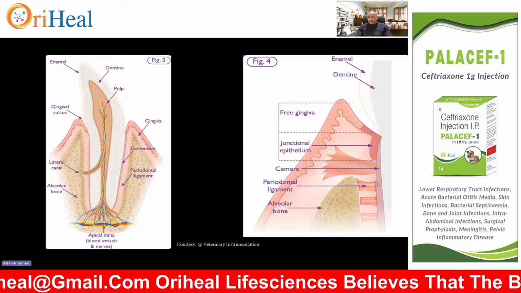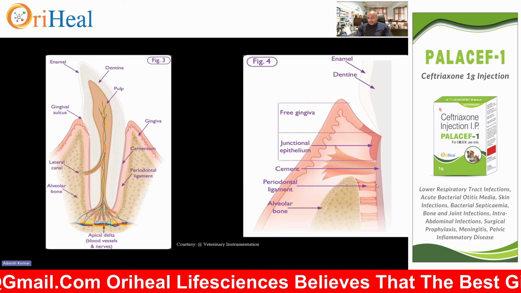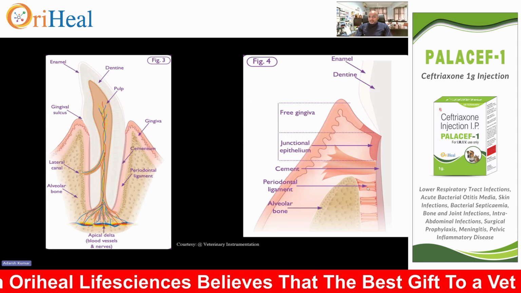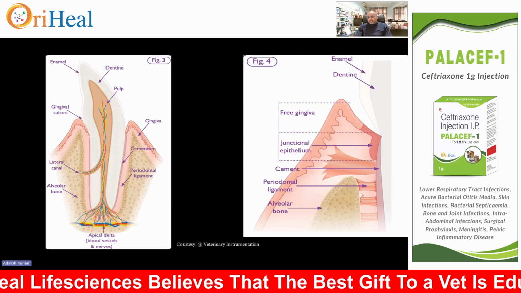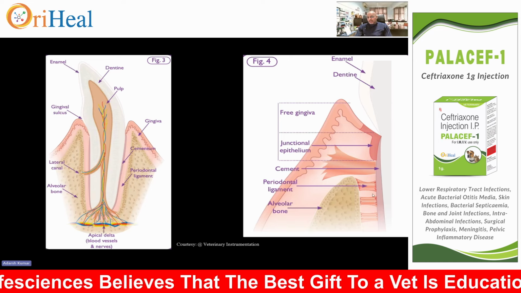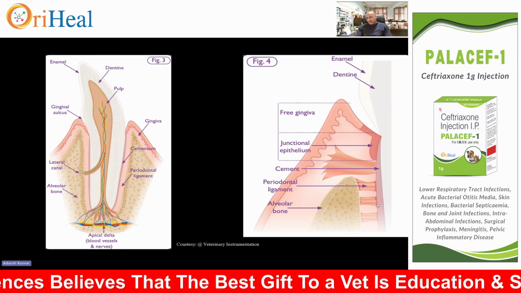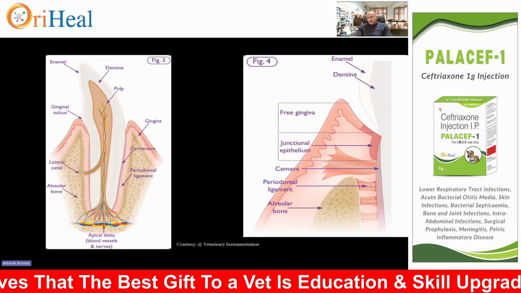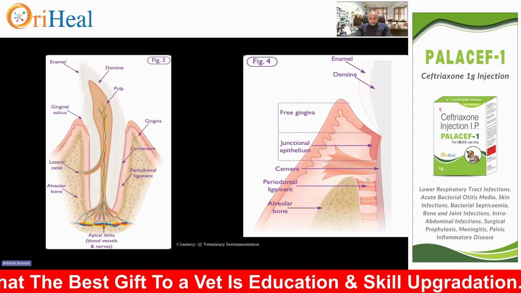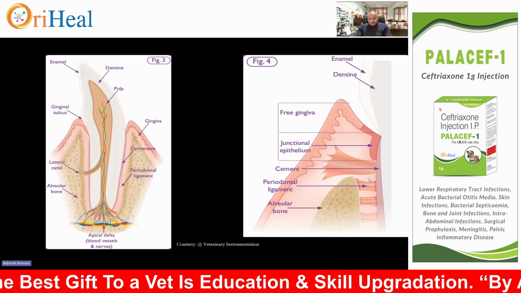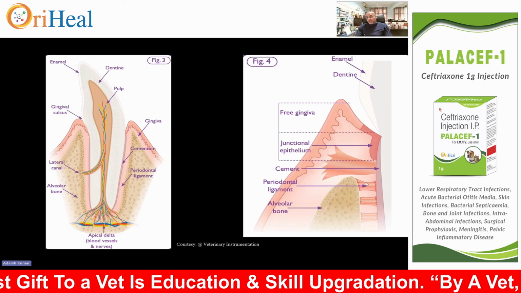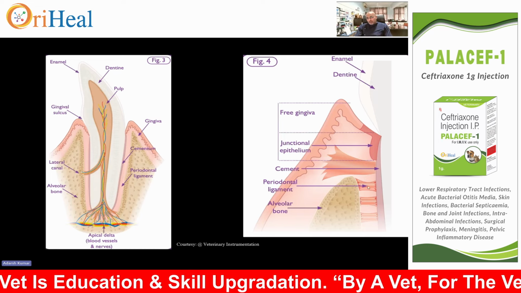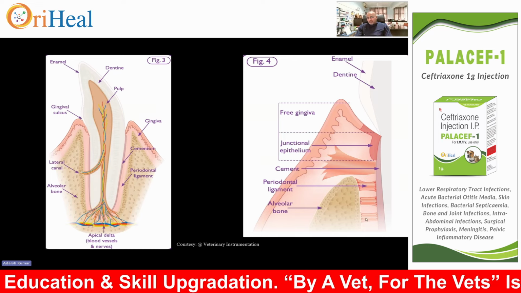So the cement, the outermost portion of the root, has one insertion of the periodontal ligament, and the second insertion is on the alveolus. Numerous fibers attach the cement with the alveoli, and when it comes to extraction, you have to work upon these areas. These have to be torn, damaged, in order to loosen the root within the alveolar socket and take it out.